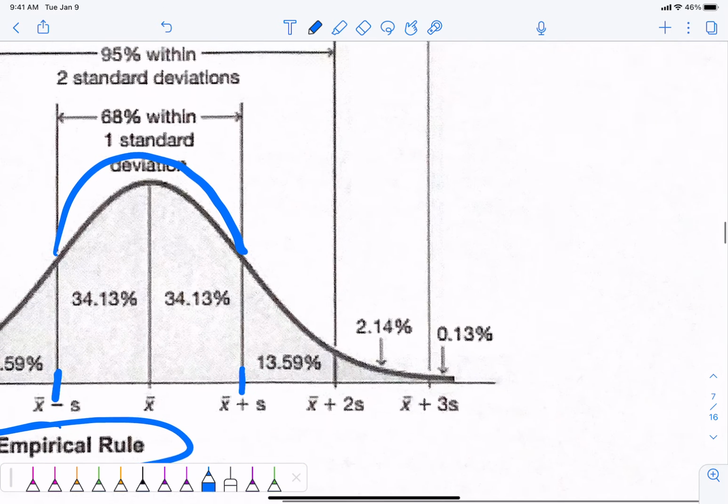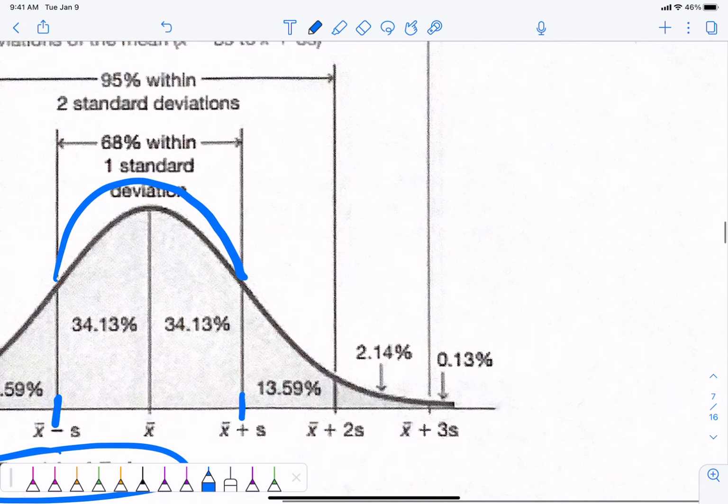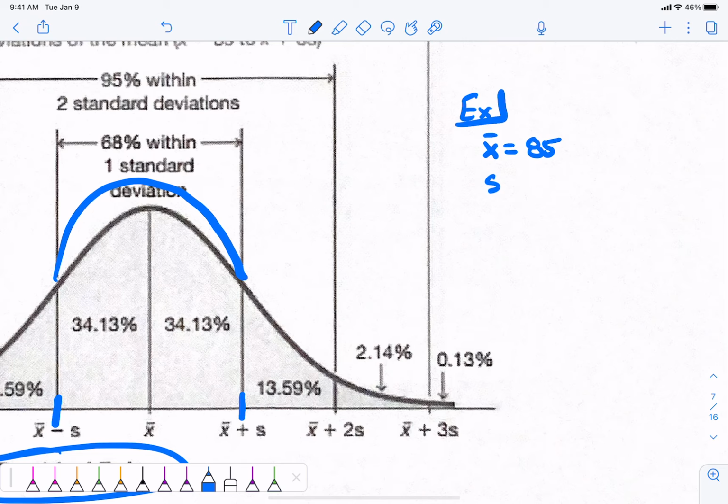Okay, so let me give you an example of that. I'm going to use my really easy example that I did yesterday. We're going to say that the average that you guys scored on a test was an 85 with a standard deviation of 5. So according to the empirical rule, if I have 85 here in the middle, I can subtract 5 and I can add 5, and that range will be 80 to 90.